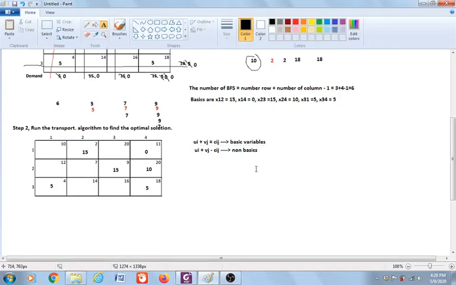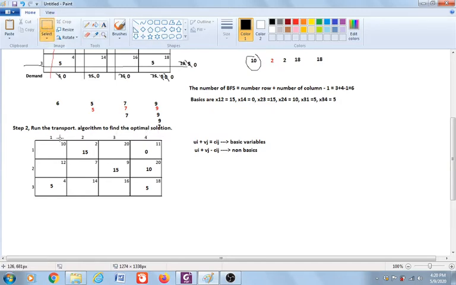So we start from the basic variables. The u is for row, vj is for the column. So we're going to have u1, u2, u3, and v1, v2, v3, and v4.